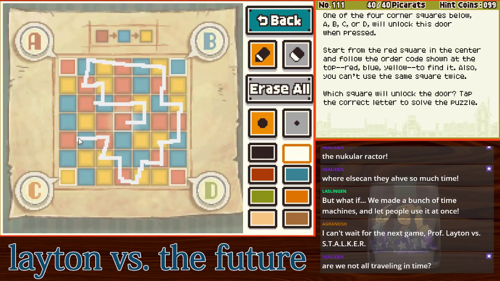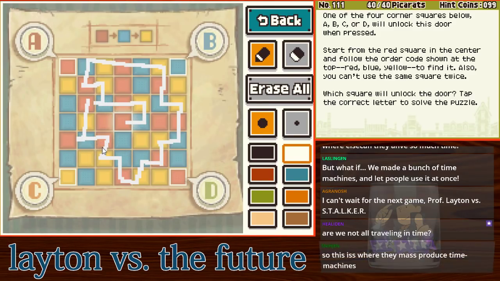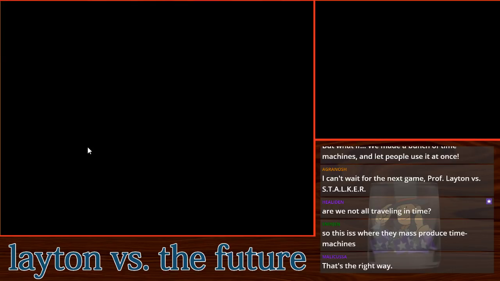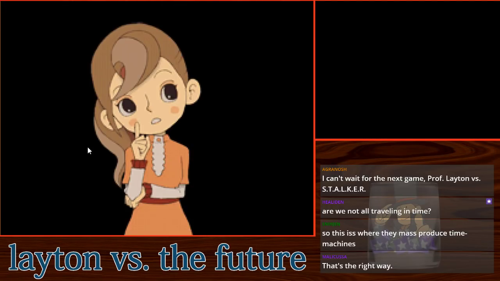Left, up, left. That's probably C. Wait. I mean, it is C, but I went the wrong way. Did I? Maybe it isn't C. No, this looks fine. Red, blue, yellow, red, blue, yellow, red. It's A. We can go up to A. Yeah. Cross your fingers. Good job.